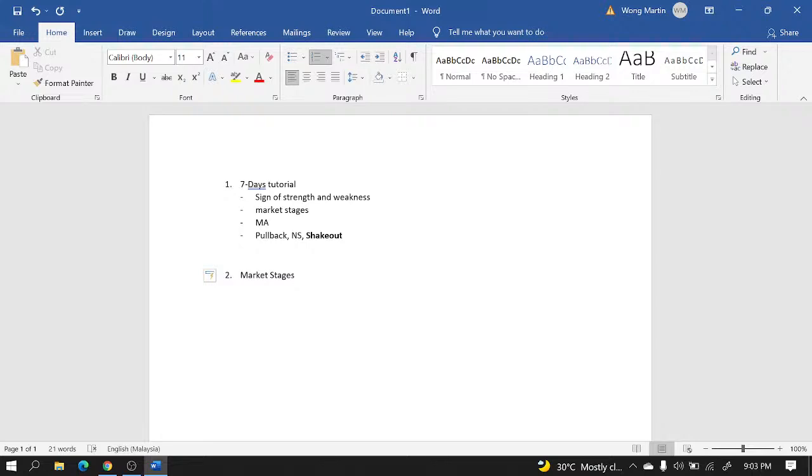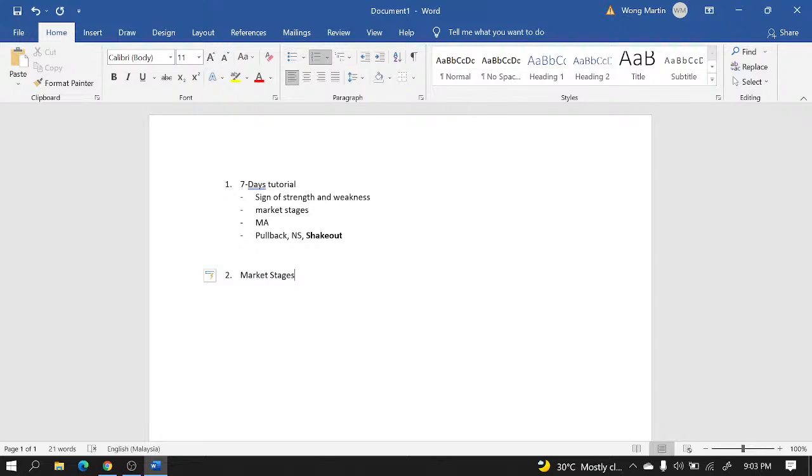Plantation moved, followed by oil and gas. Then on the closing on Friday, some logistics and transportation also moved, and some others too, which is a good thing to look into later.